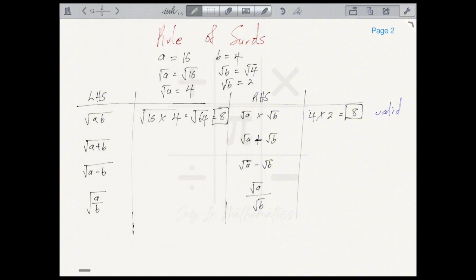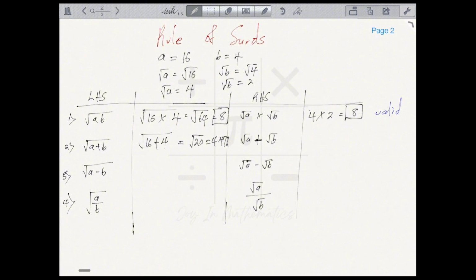Now if we look at the next one, let's number them 1, 2, 3, and 4. When we take a look at the next one, we have root of A plus B. That means A is 16, B is 4, and this will give us root 20. Root 20 on its own is equal to 4.472, approximately to 3 decimal places.